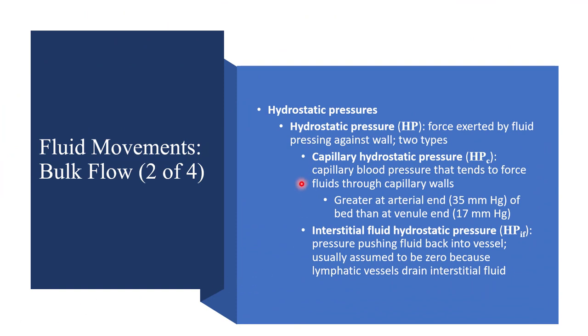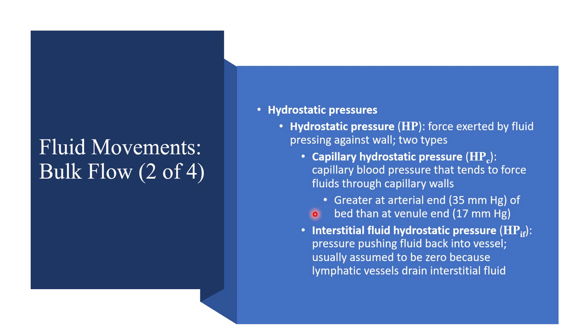So here you go. Your hydrostatic pressure is a force exerted by fluid against walls, and there are two types of hydrostatic pressure. You have the hydrostatic pressure inside the capillary, and you have the hydrostatic pressure in the interstitial fluid. In the capillary, blood pressure tends to force fluid through the capillary wall.